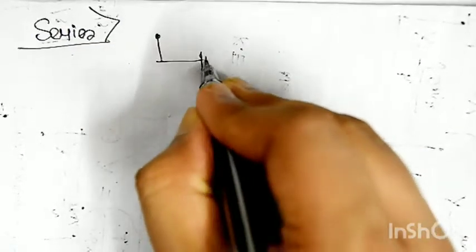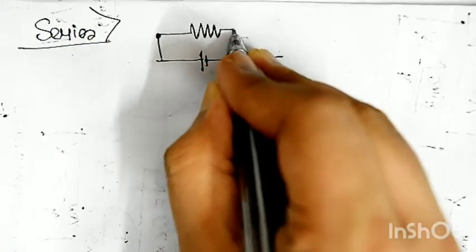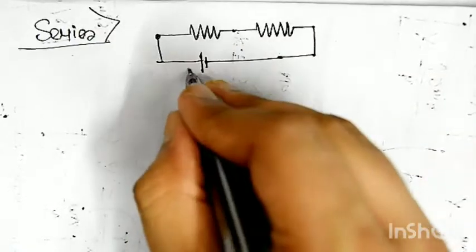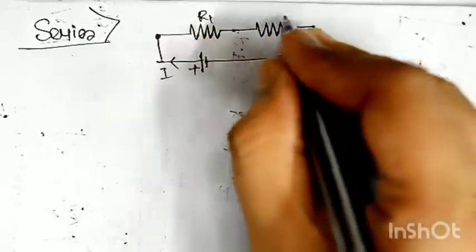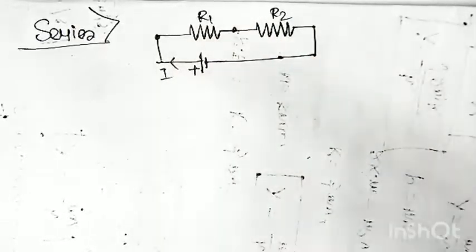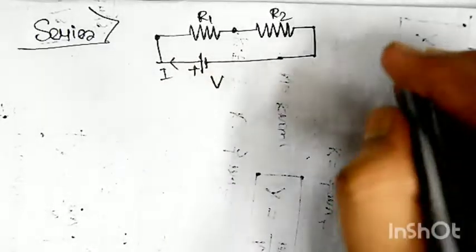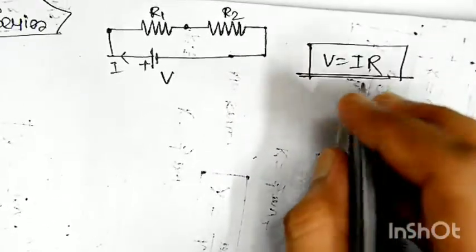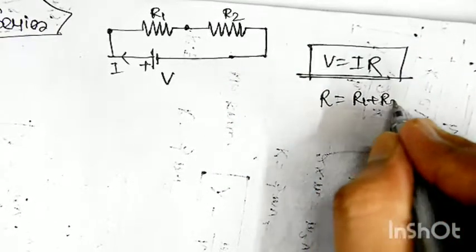In case of series connection, we can join multiple resistances like this in a circuit. Clear? Ohm's law suggests that V equals IR, where the R of this circuit is basically R1 plus R2.